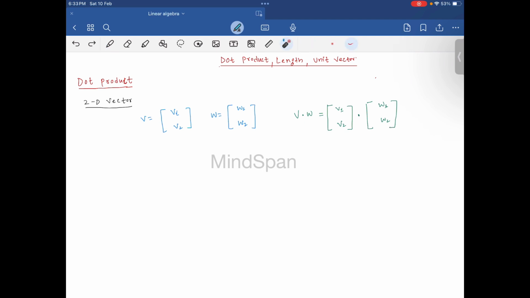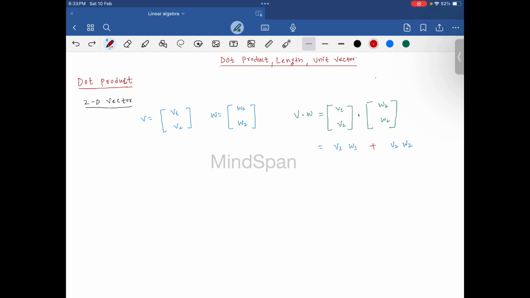Now how do we do the dot product? We multiply component-wise. So we write v1 w1 and v2 w2, and we do not stop there, we add those two also.